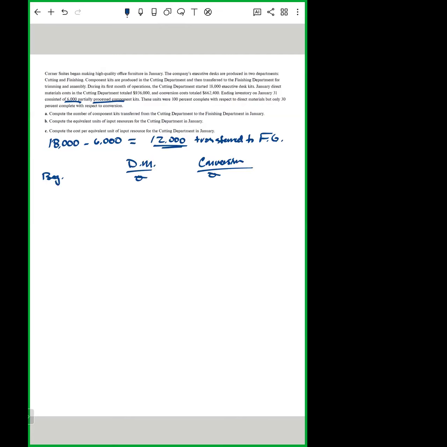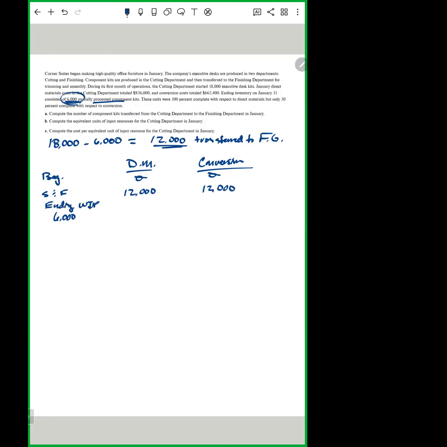How many units did we start and finish this month? Well, 12,000 units. So 12,000 units started and finished, good to go. So then our ending WIP is going to be these 6,000 units, right? 6,000 partially completed units.